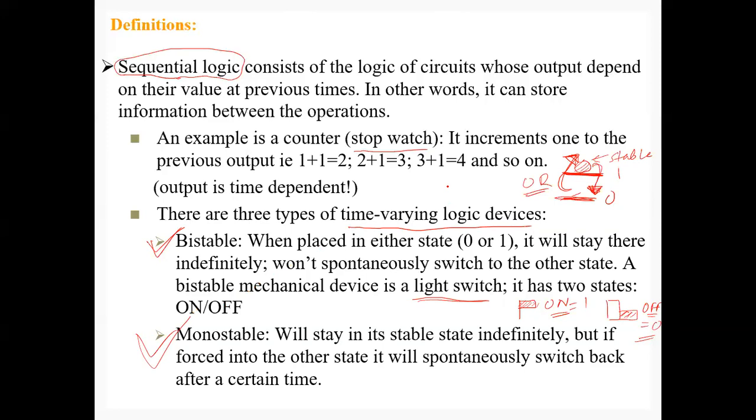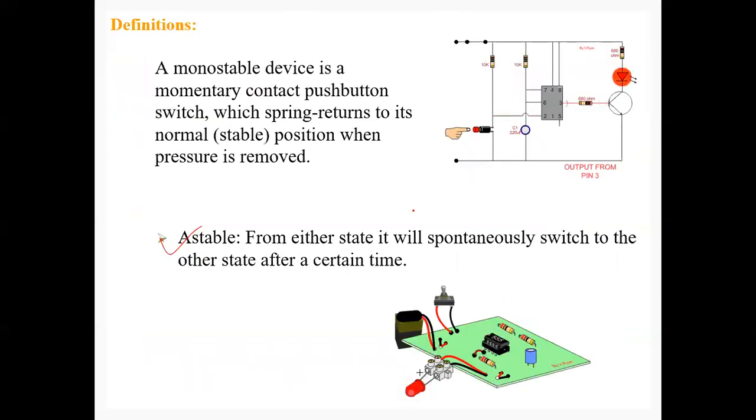So let me give you an example of monostable. Now this is the switch here. If you have a switch here, what is the tendency of this switch? To stay off. But somehow you want to change it to on, right? You just push it, so it is on.